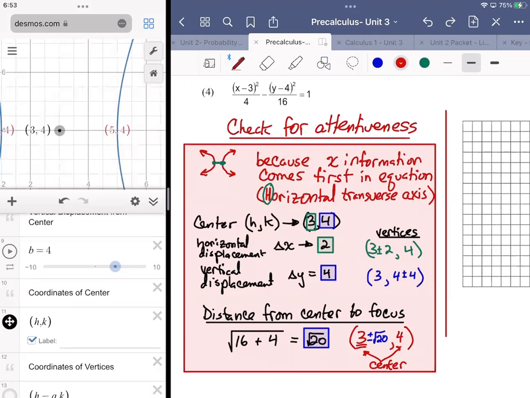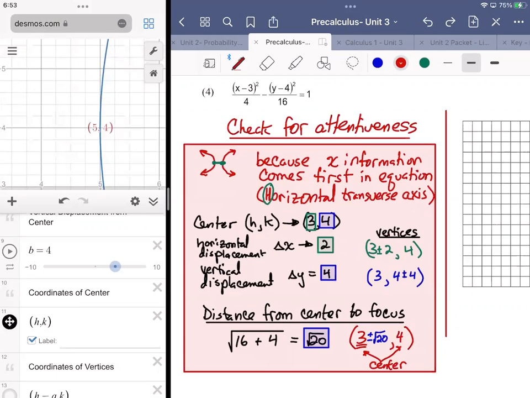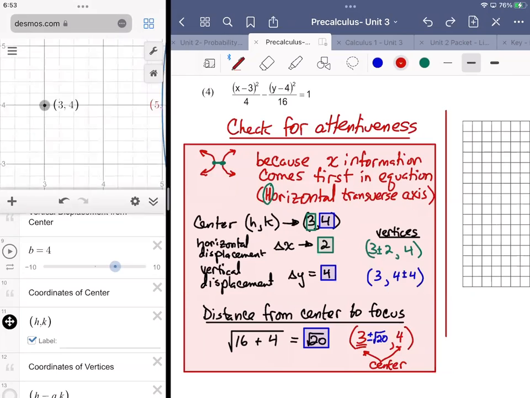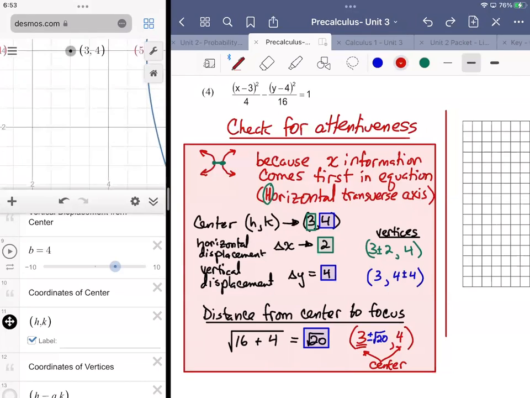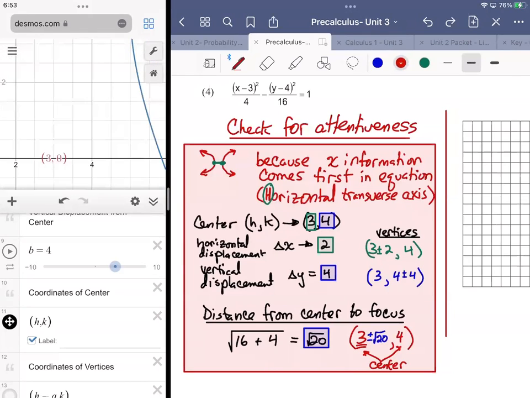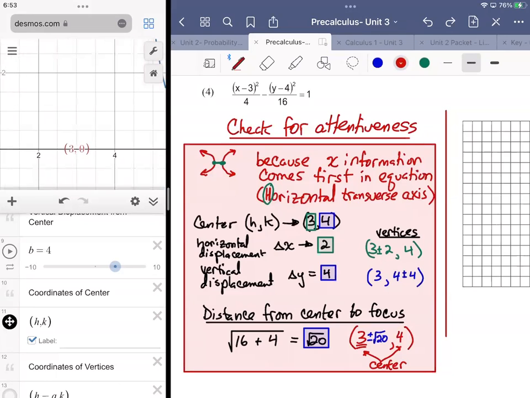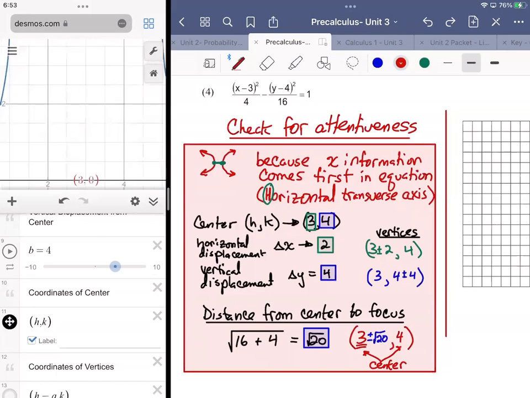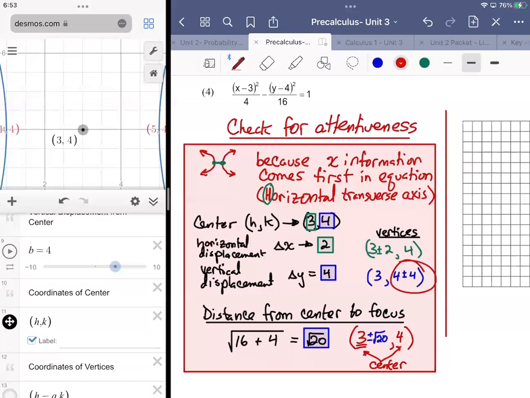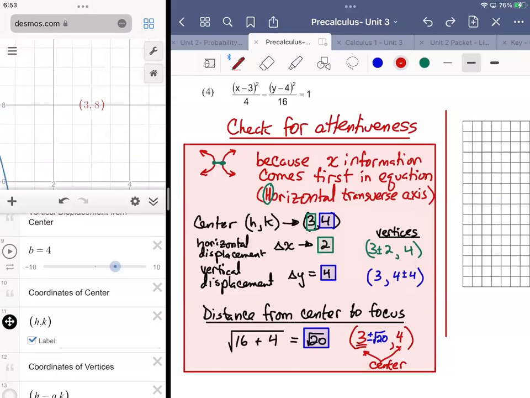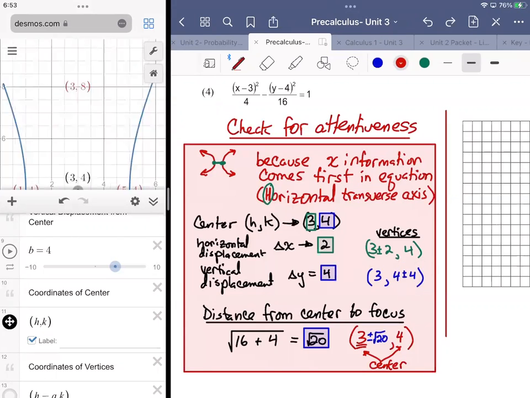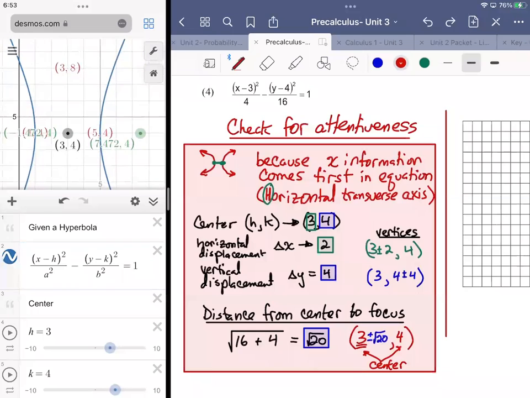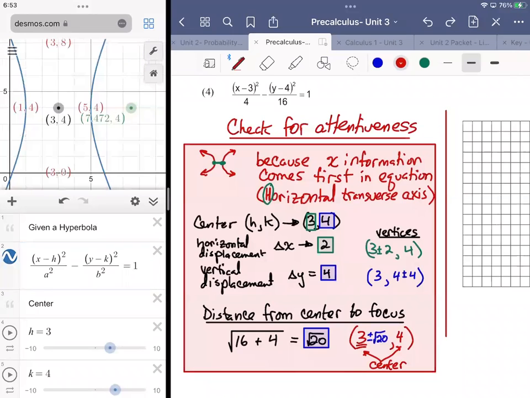The other vertex, 5, 4, is what I would get if I did 3 plus 2, comma 4, right? 4 minus 4 is 0. So that's one vertex down here. And then the 4 plus 4 gives you an 8, which is the other vertex up here. All right. So all the information that you need, including the vertices, they're all on this graph.